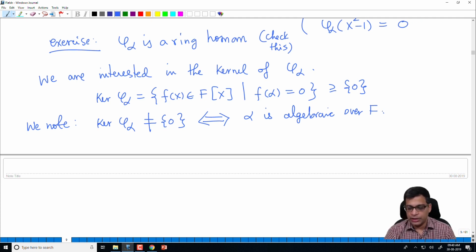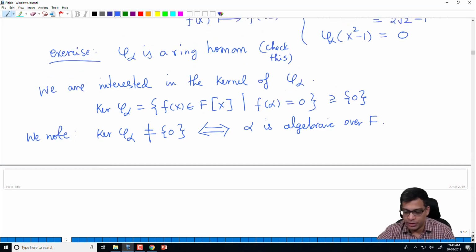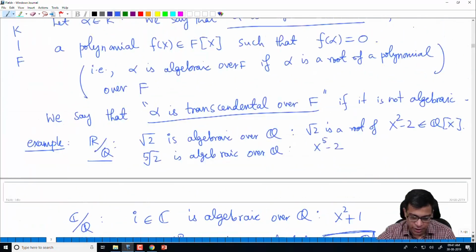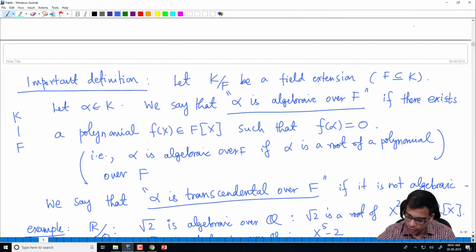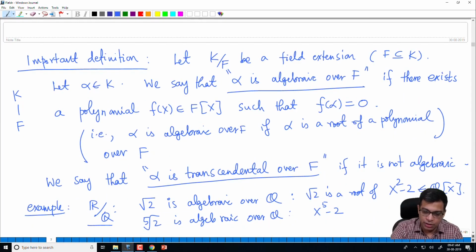That's one direction. If alpha is algebraic, there is a non-zero polynomial small f whose root is alpha. So that means it's in the kernel of phi alpha. Now I am thinking that I may have omitted this when I talked about algebraic elements, that I should have said here: we say that alpha is algebraic over F if there exists a non-zero polynomial.